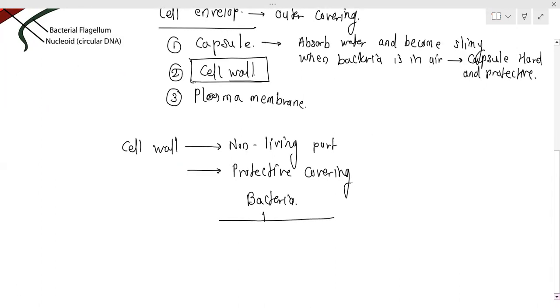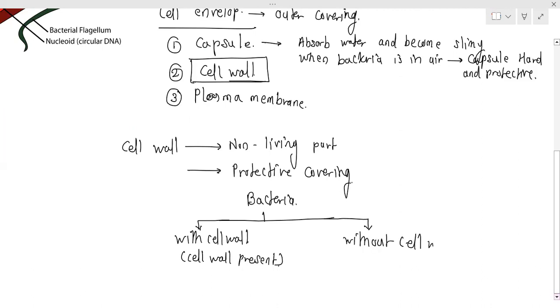Okay. Bacteria may be with cell wall, where cell wall is present. And bacteria may be without cell wall. Here cell wall is absent.